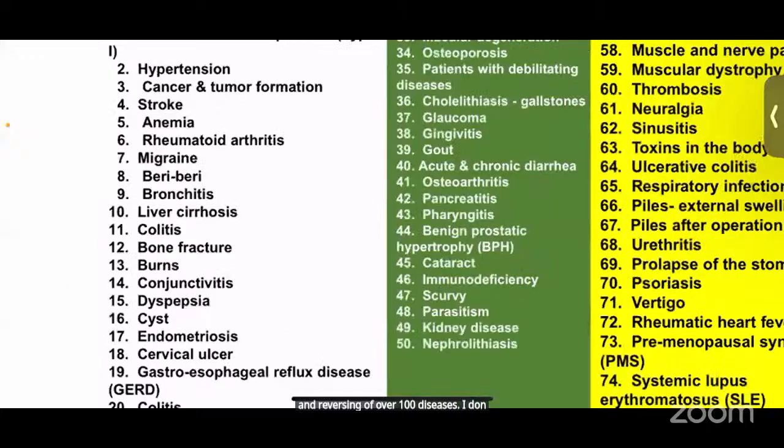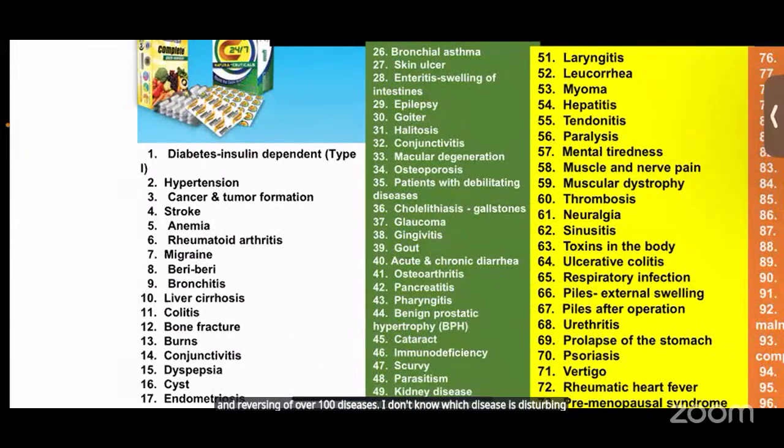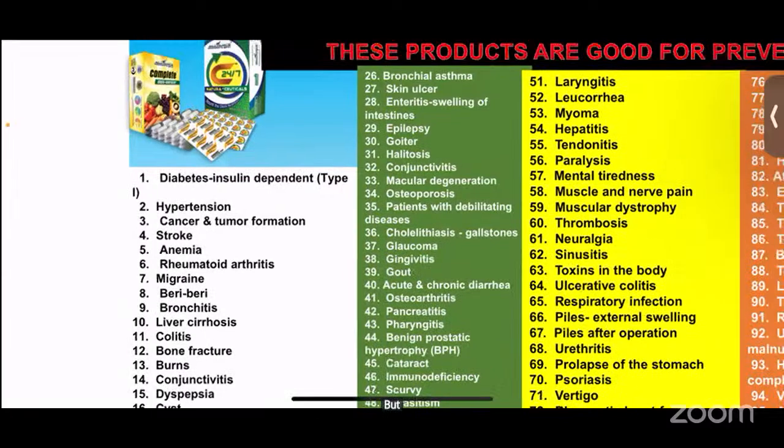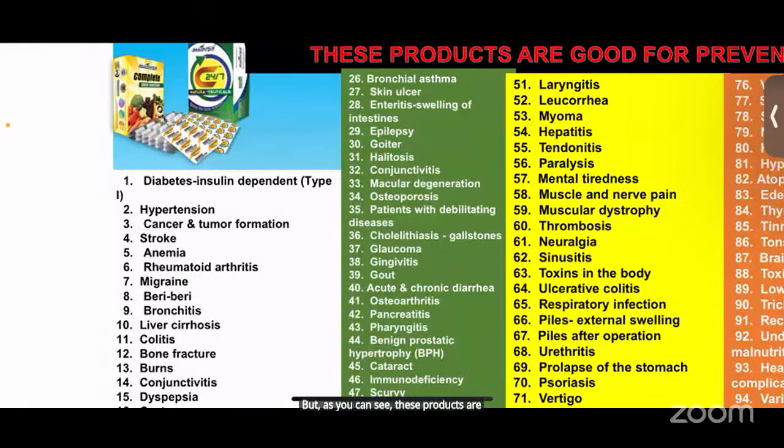I don't know which disease is disturbing you, but if you know there is a disease disturbing you, or disturbing your friend, or your loved one, go to the chat section. If you are free to do that, you can type it there. But as you can see, these products are good for diabetes, insulin dependent, where you are injecting yourself with insulin every day.